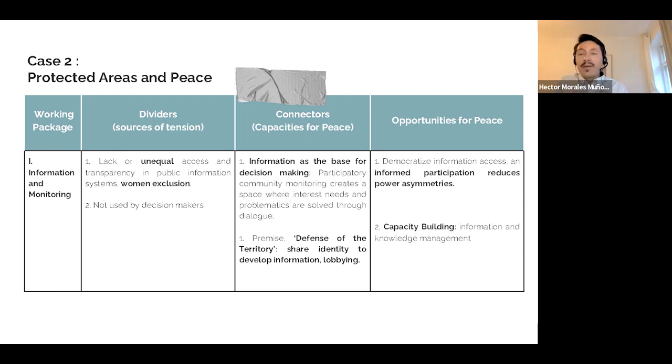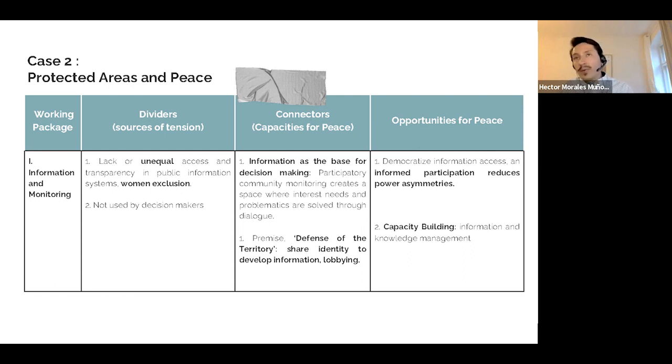So, for example, there was this premise that the people wanted to defend and protect their territory, and having these tools to monitor scientifically, or more technically, the impacts of different interventions on the environment would help them create this community of practice. They were starting to create a shared identity and to develop more information with regard to the species existing in these buffer zones of the protected areas.